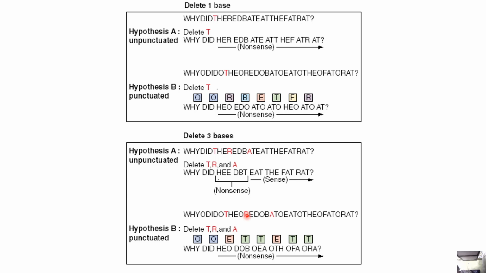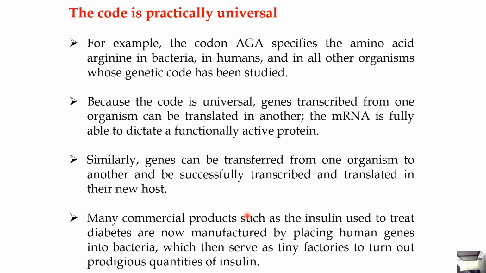So you see how the entry of one strand changes the reading frame, while the entry of three is normal. So the code is practically universal. For example, the codon AGA codes for the amino acid arginine in bacteria, humans, and all other organisms whose genetic code has been studied.